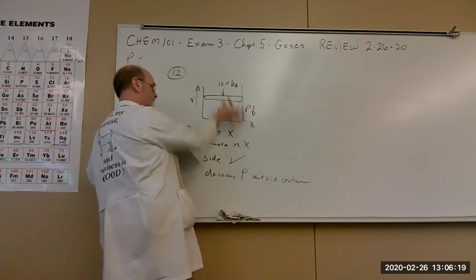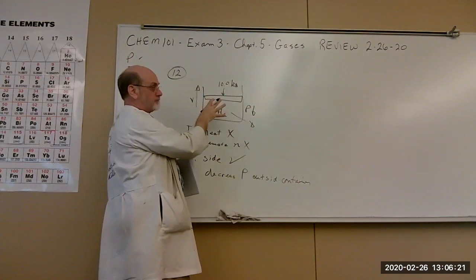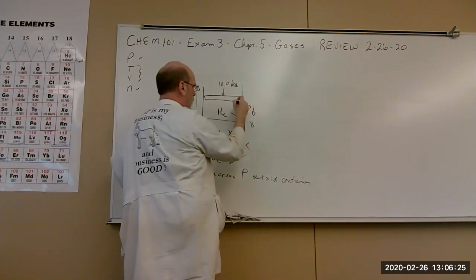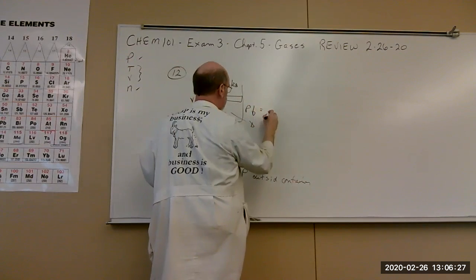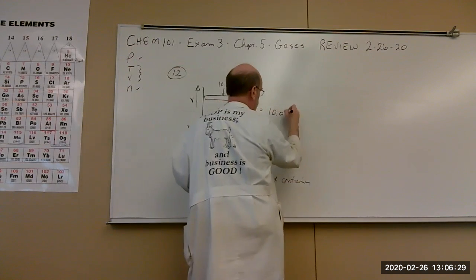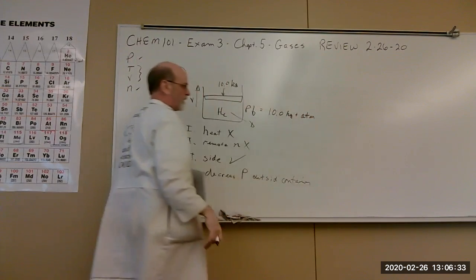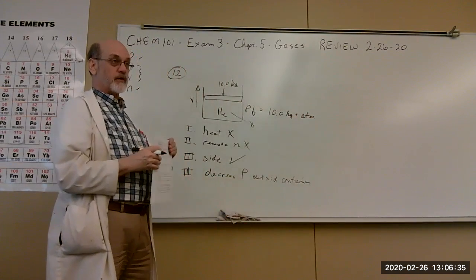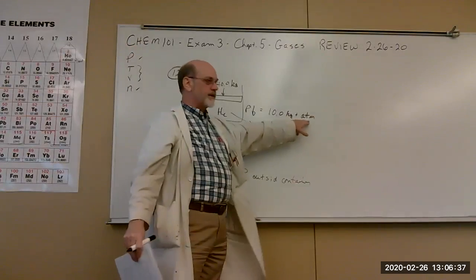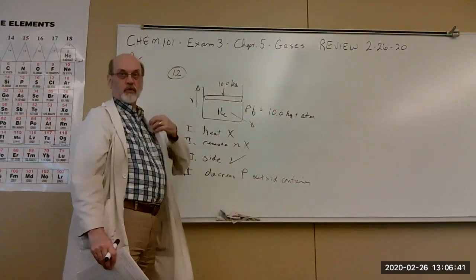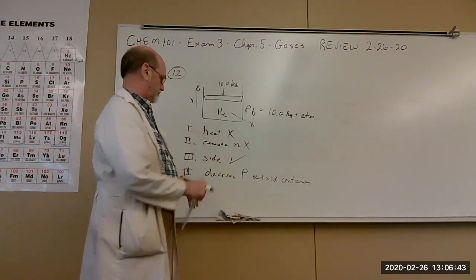Well, if we set it back up the way it was to start with, you still got this pressure, but the total pressure here is equal to the 10 kilograms plus atmospheric. So the only way you can decrease the pressure on the outside is to decrease the atmospheric. Stick it in a vacuum chamber and remove air from around it.